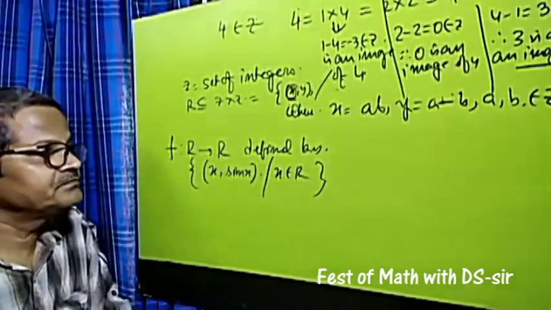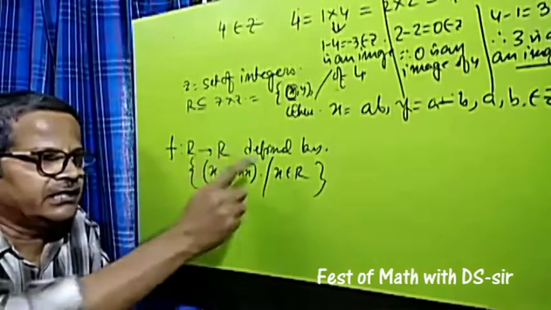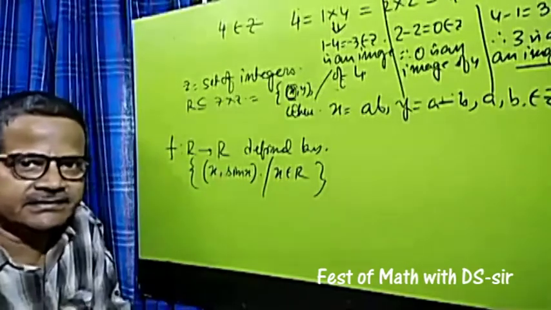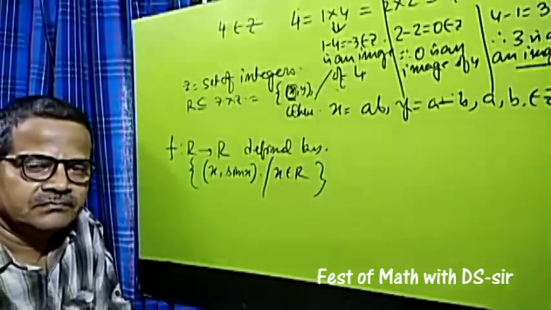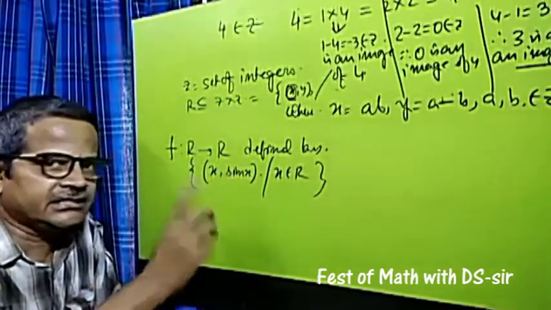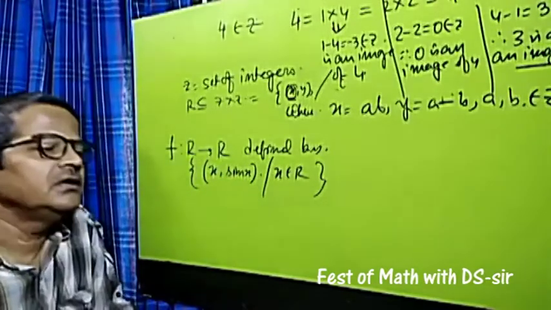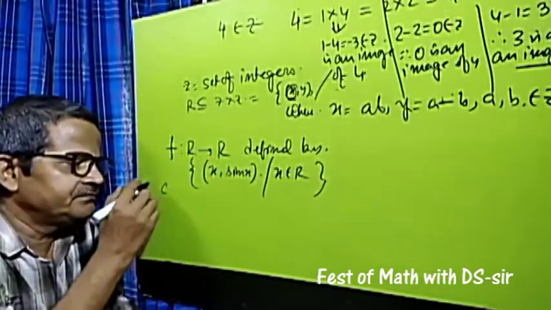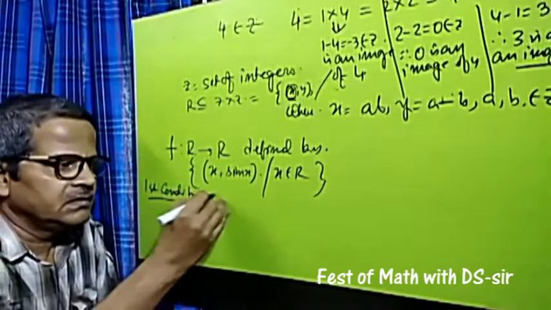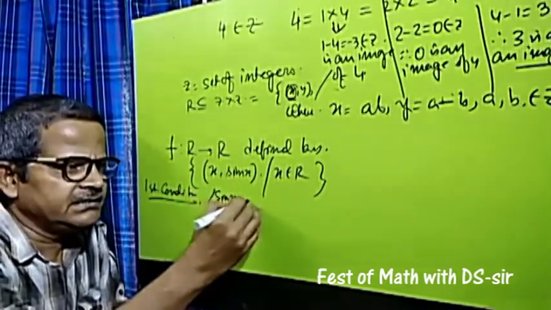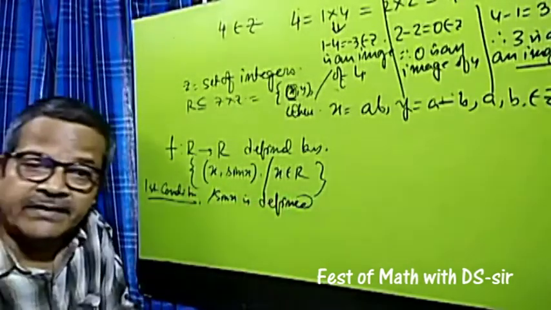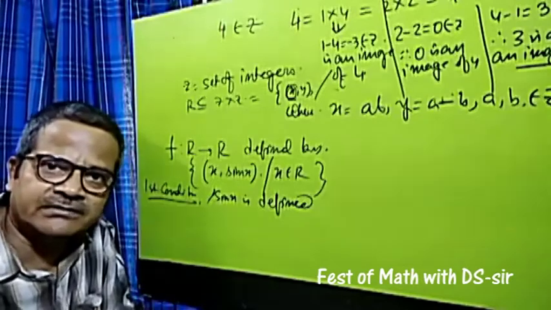Next example. Now we consider a relation from R to R defined by X to sin X. So sin X is the image of X. Now, is sin X defined for all real numbers or not? First condition: can you tell any value of X for which you can't find the value of sin X?